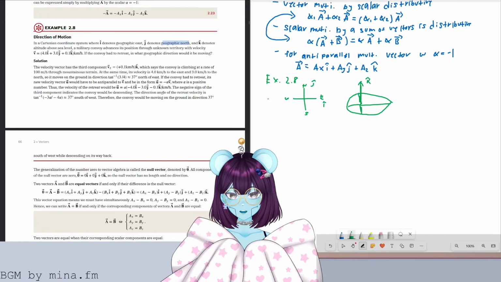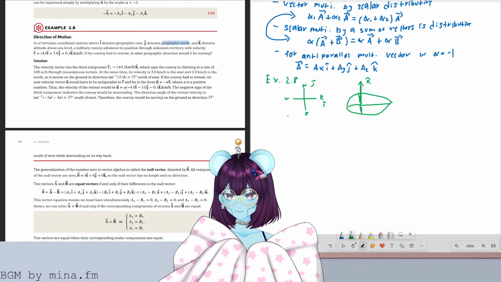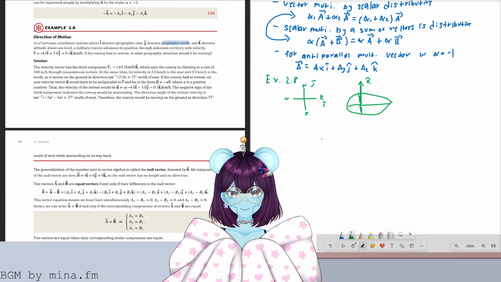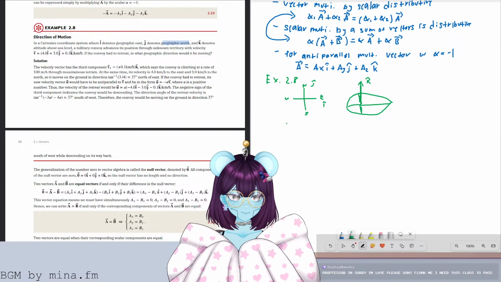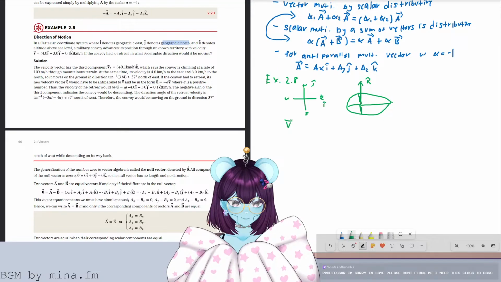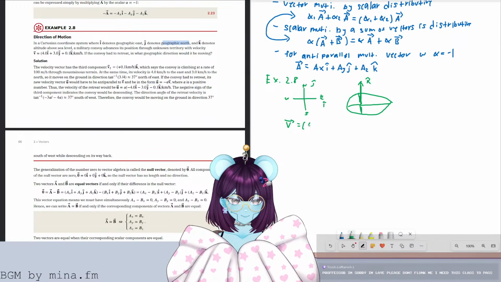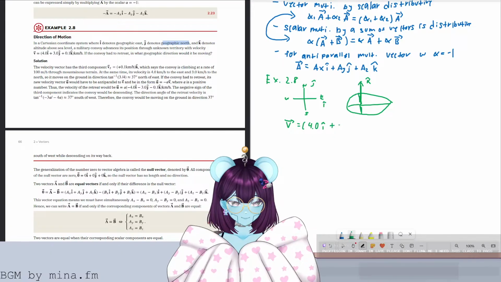So it's going with that velocity in that direction. This way. This is our vector.